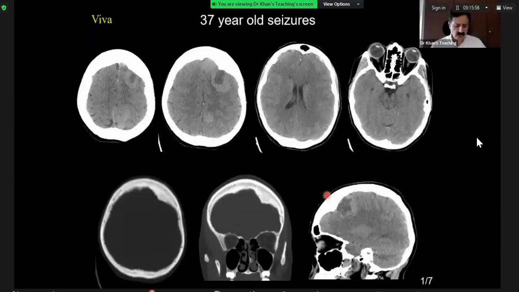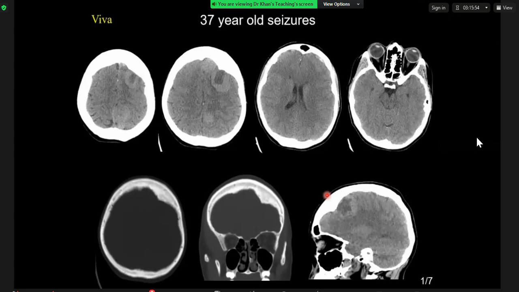Yes, please, your case once again. So these are selected axial, coronal, and sagittal slices of a 37-year-old with seizures. And on this non-contrast CT head, there is an area of low attenuation in the left frontal region, which has got a surrounding area of relatively high attenuation.